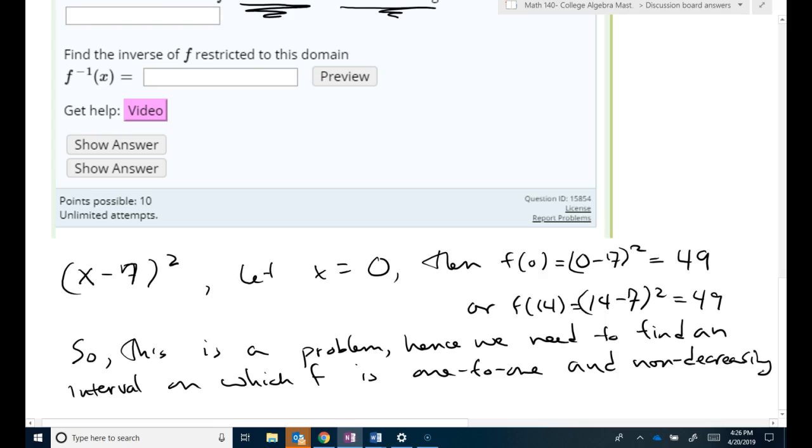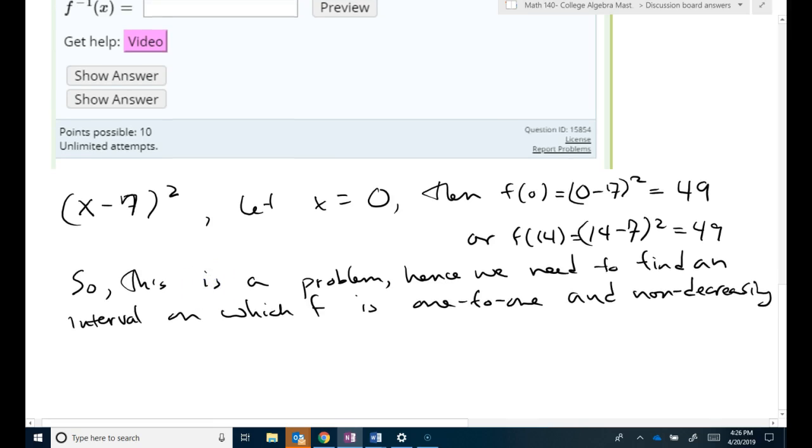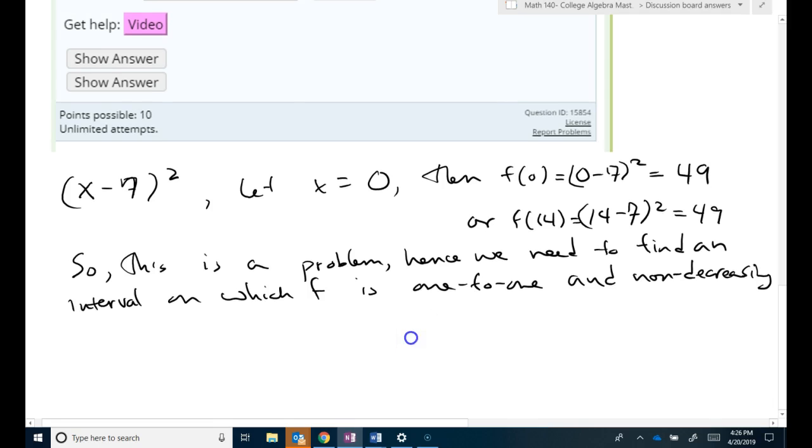Because the moment it starts to decrease, we're going to actually go back over our old values. We need it to be only increasing. That way we know that we're never going to end up having two x's go to only one y, okay? And if you need to, you're going to have to go back and take a look at the book as they discuss that a little bit more. This is more of a review video, okay?